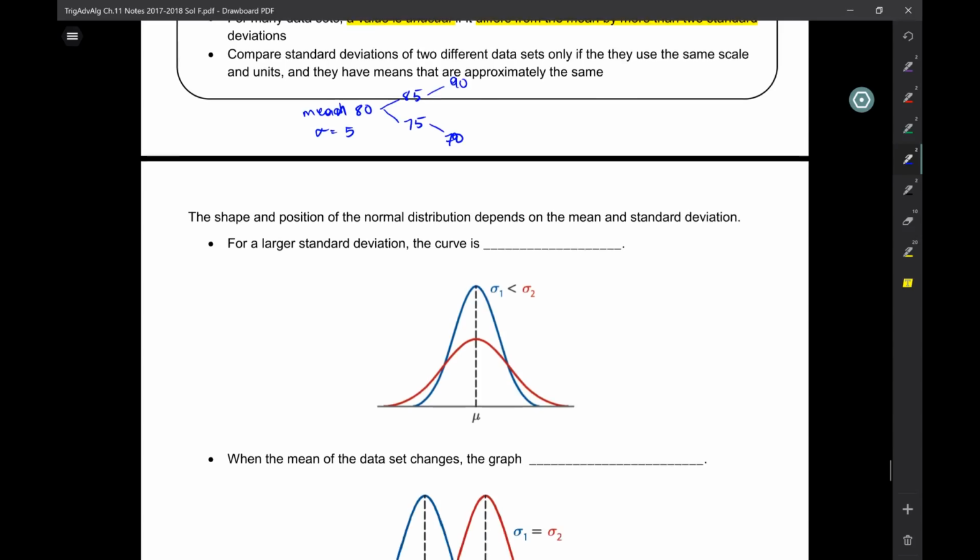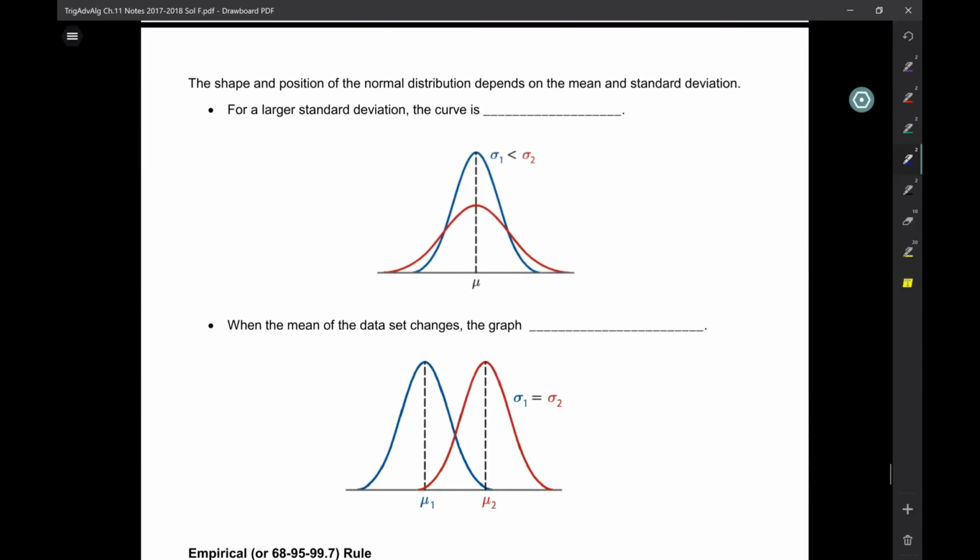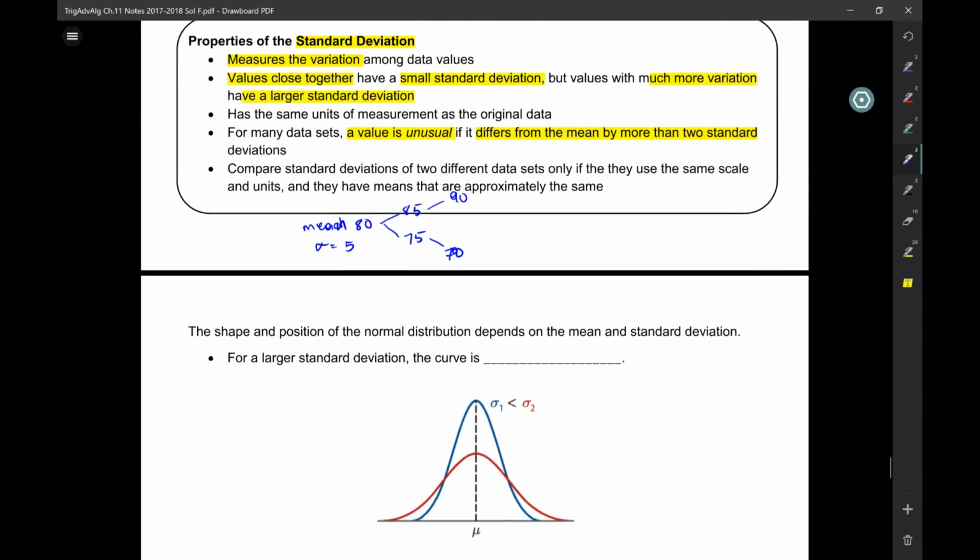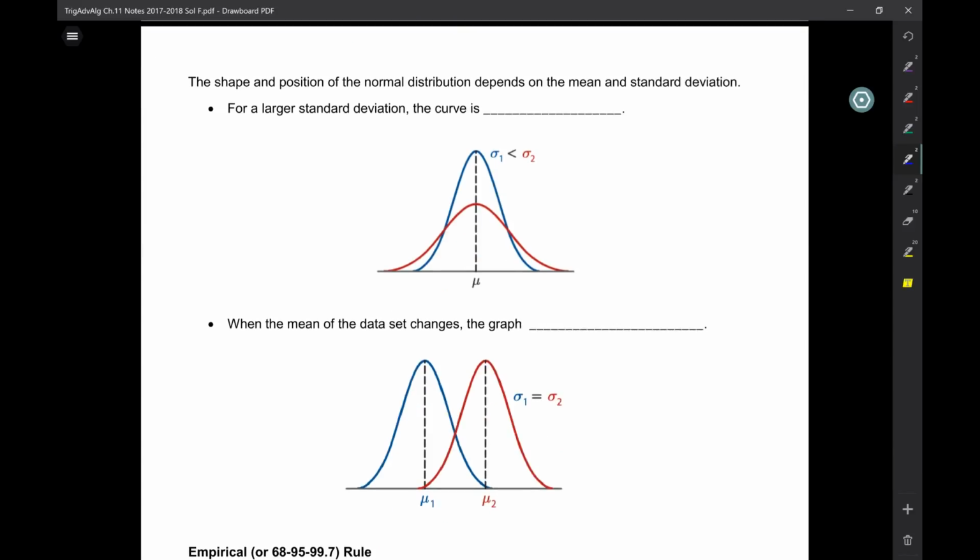Take a look here. The shape and position of the normal distribution depends on the mean and the standard deviation. If the standard deviation gets larger, as with sigma 1, the standard deviation of the blue graph is larger than the red graph.